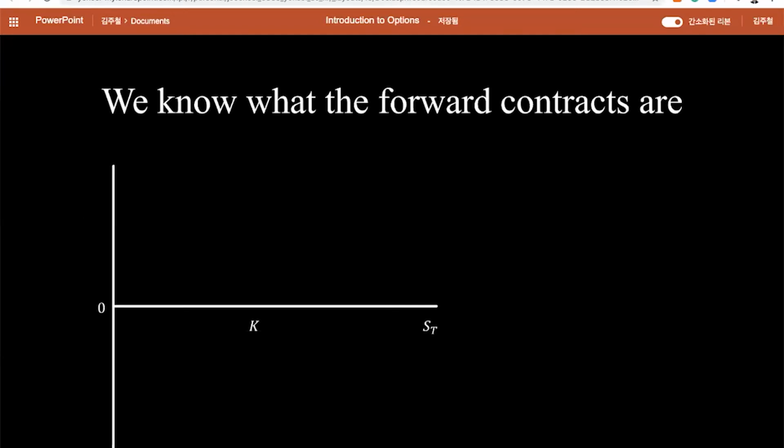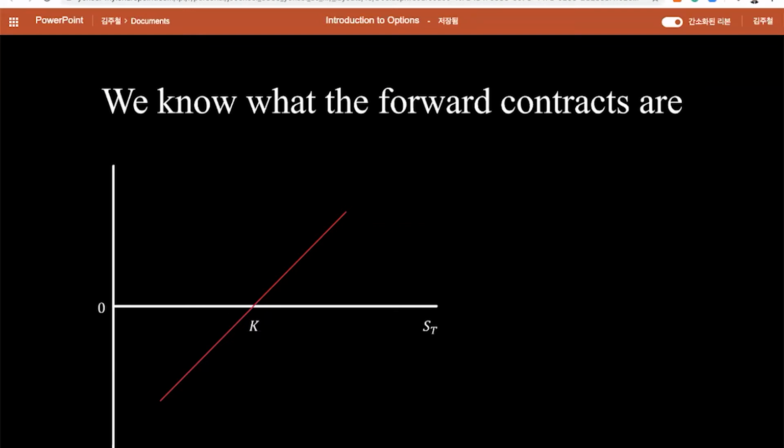You gain money, and in the negative part, you will lose your money. So this is the long position of the forward contract. If the promised price K is the future price of your underlying asset, then there is no gain and there is no loss. So the payoff of the long position is 0.